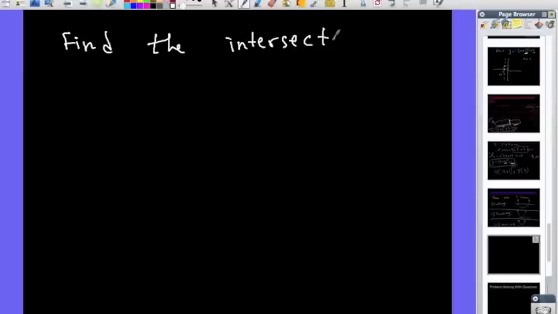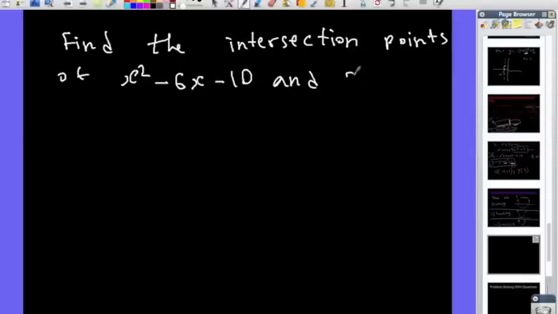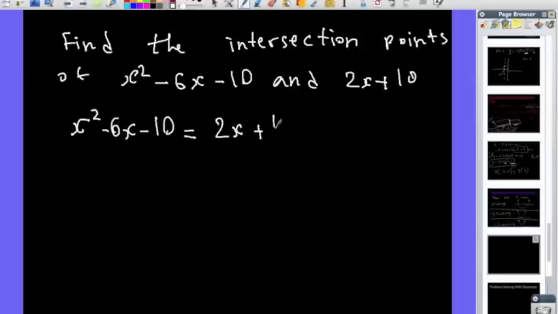If they say find the intersection points of x squared minus 6x minus 10 and 2x plus 10, you write x squared minus 6x minus 10 equals 2x plus 10.